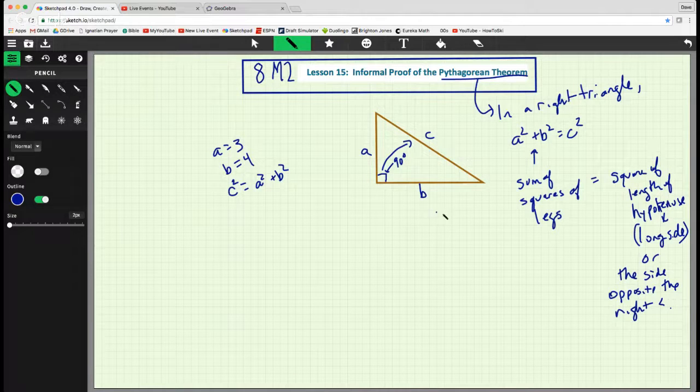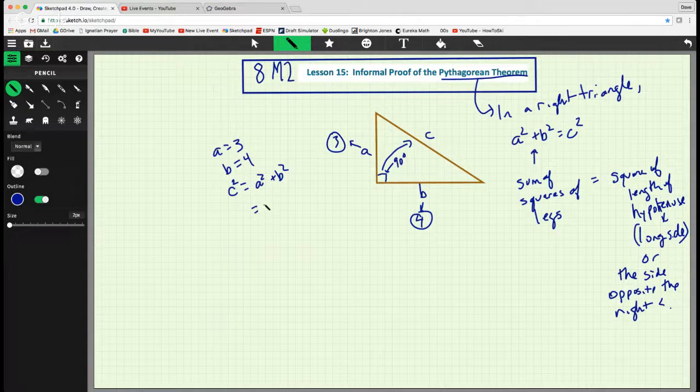And the rule says that if you take the length of side A, and let's just say that in this case it's a 3, and the other leg is a 4, if you square the 3 and add it to the square of the 4, you get the square of the third side, the hypotenuse.